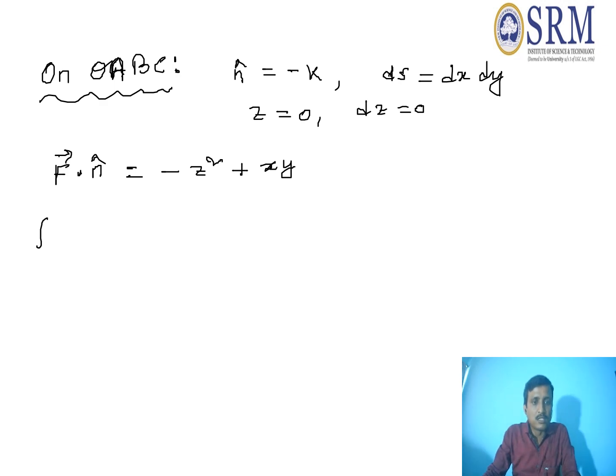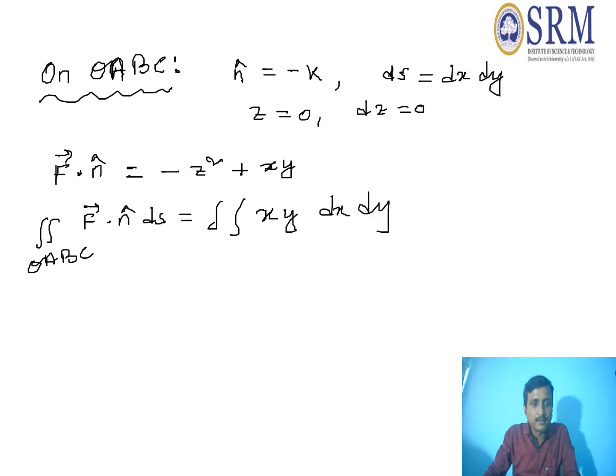So then the integration value on the OABC surface, that F dot n dS, will come. Basically it is the double integration, and it is xy dx dy.